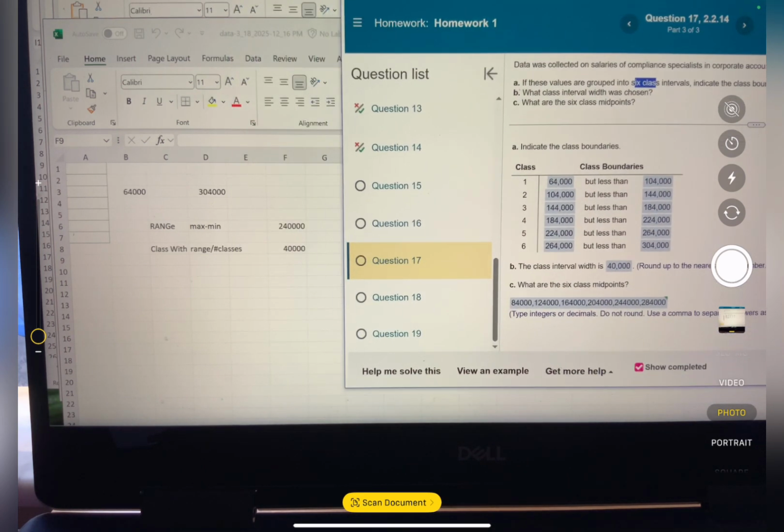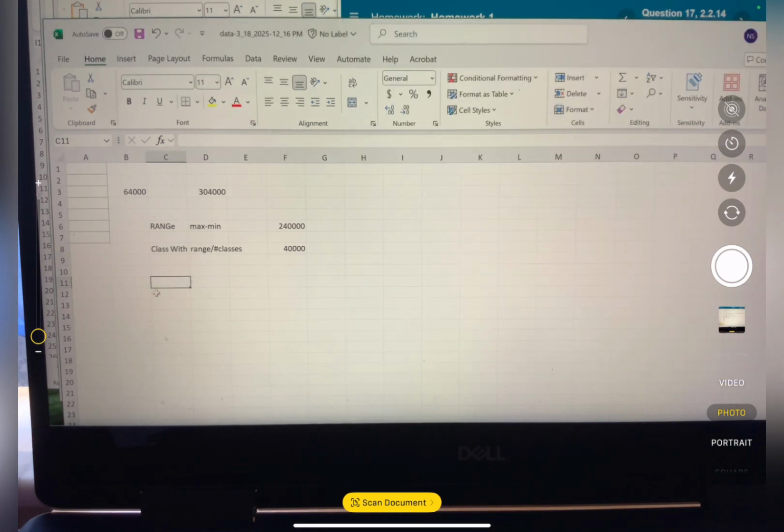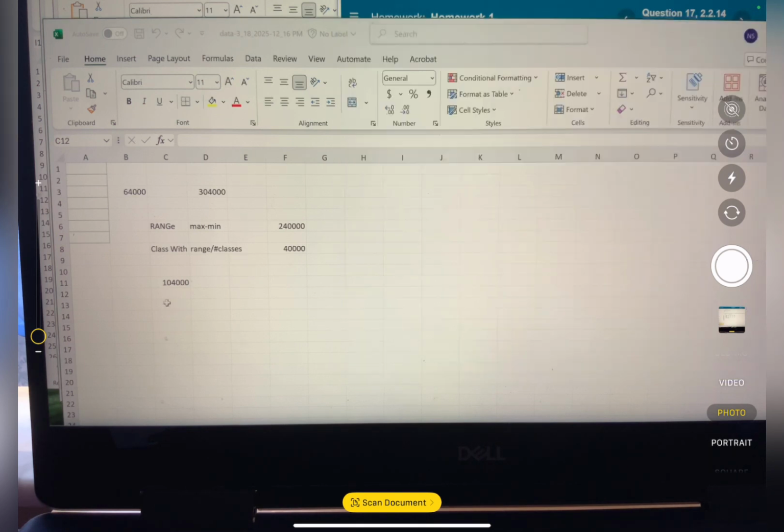Okay, so what am I going to do here? Boundaries. I start with the smallest one, which is 64. Here I have 64,000. From 64, I'm going to add, equal sign, 64 plus this 40,000. And I'm getting 104,000. Then 104,000, I am adding again the same 40,000.